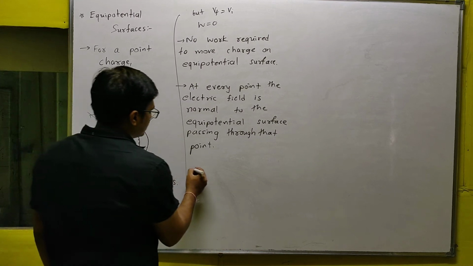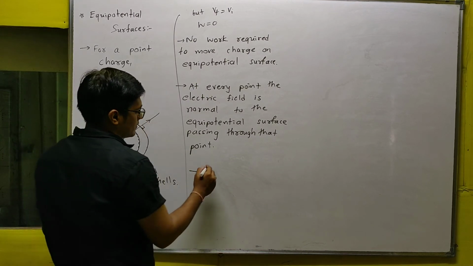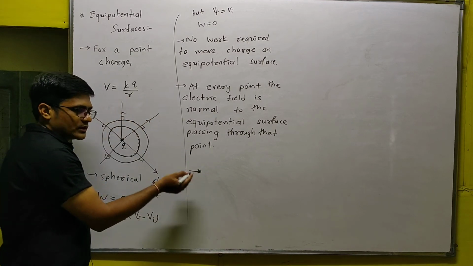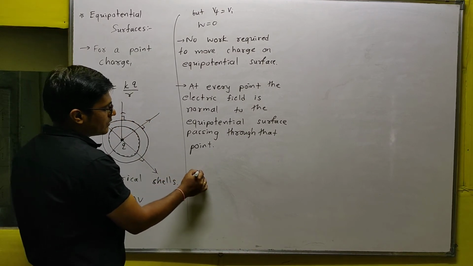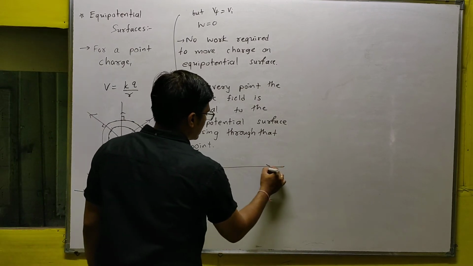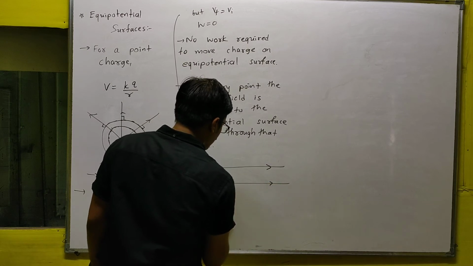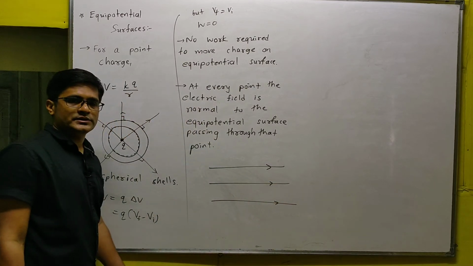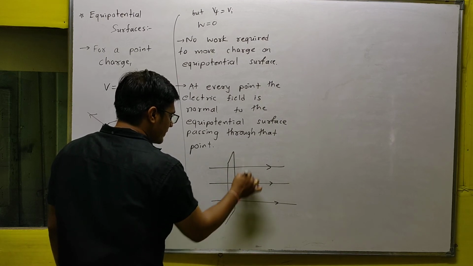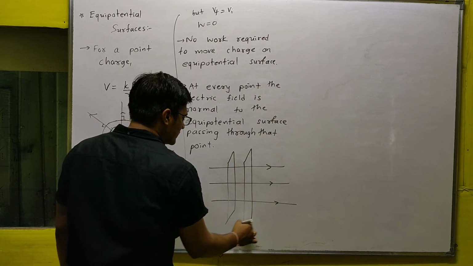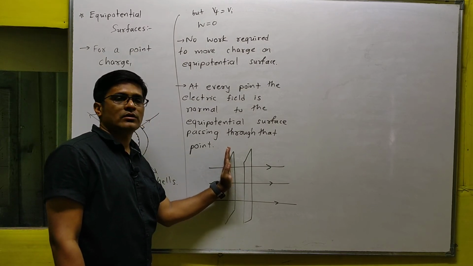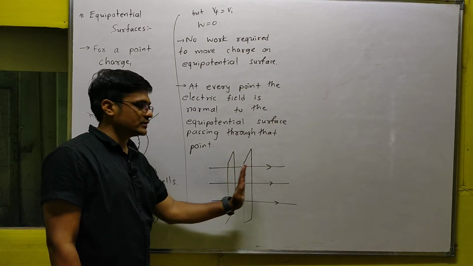Now the third point, you have to write it down in your notebook. When the electric field is uniform, meaning the lines are parallel to each other, then the equipotential surface looks like a plane normal to the electric field, like this.